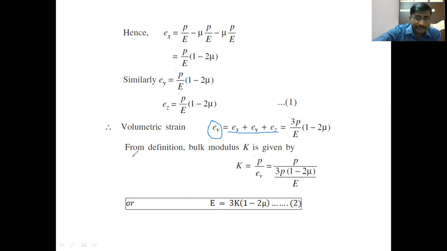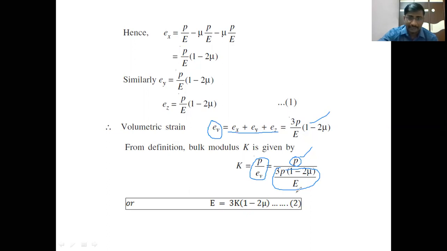From the bulk modulus definition, K is given as direct stress, that is the stress acting on the material, divided by volumetric strain. What is the stress here acting in three mutually perpendicular directions? P. Direct stress divided by volumetric strain, this is the formula: P divided by 3p by E into 1 minus 2 mu.